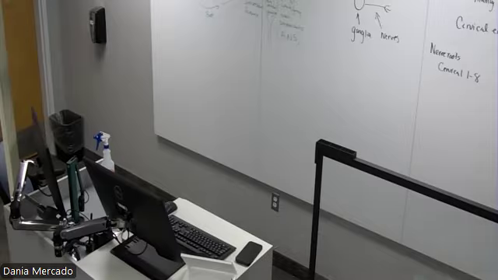Okay? ANS. The autonomic nervous system. Right? Autonomic nervous system is controlled by the hypothalamus. Hypothalamus is homeostasis. It does a good job because it controls glands, smooth muscle, and cardiac muscle.